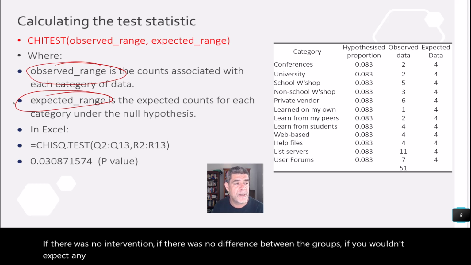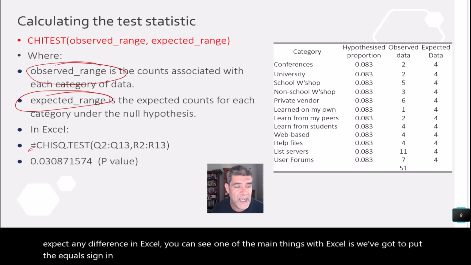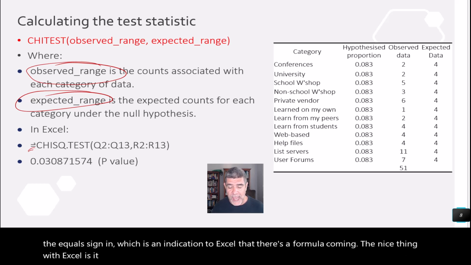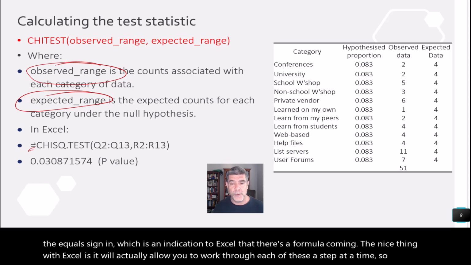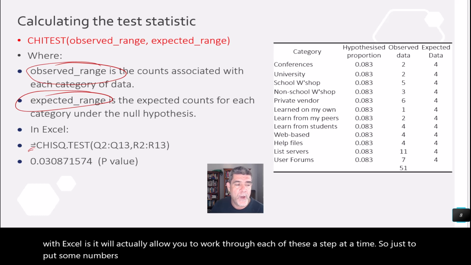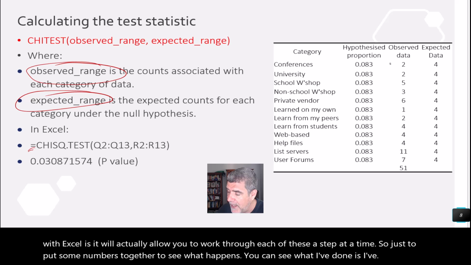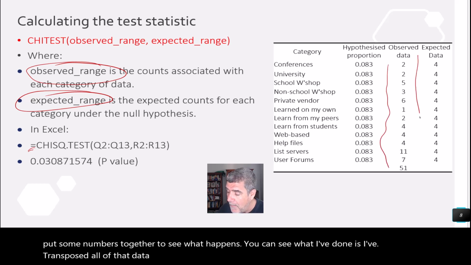In Excel, one of the main things is we've got to put the equal sign in, which is an indication to Excel that there's a formula coming. The nice thing with Excel is it will actually allow you to work through each of these a step at a time. So just to put some numbers together to see what happens, you can see what I've done is I've transposed all of that data from the modes into my observed data.